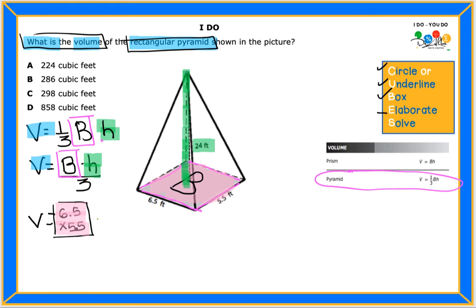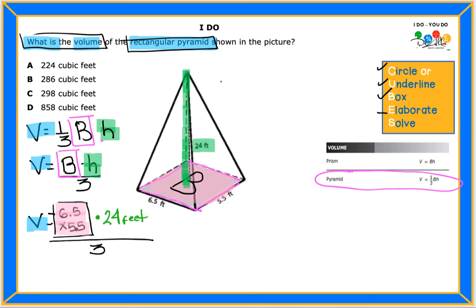Once we do this multiplication, we have to multiply by the height of the pyramid, which is 24 feet. And then at the end, we have to divide all of this by 3. So this is the formula. You see, the 3, we made it into division. The area of the base is 6.5 times 5.5, then times this height, and then this division symbol comes here, and the 3 comes here.